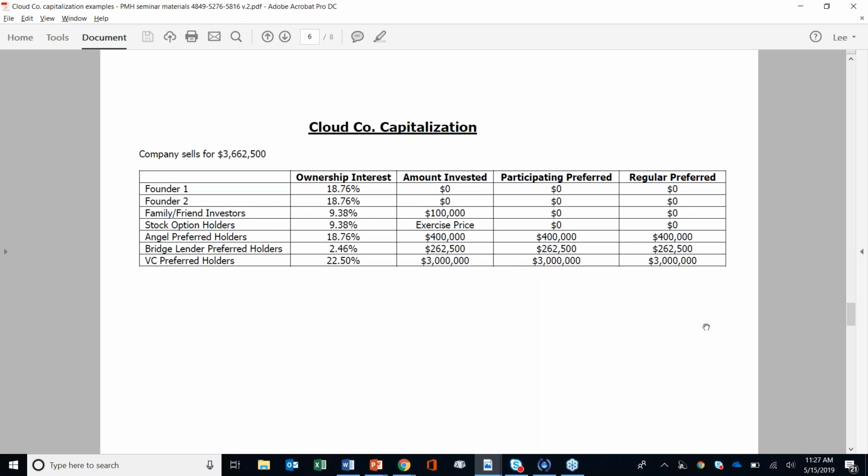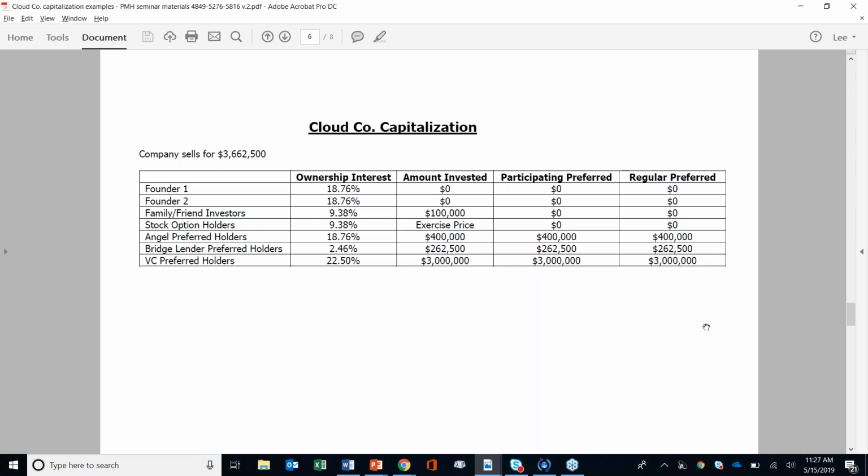And so you can see, in this scenario, the ownership percentages show the final ownership percentages after we'd raised all the money of everyone. And the amount invested shows what everybody has invested in the company. Stock option holders, I've said exercise price. For purposes of this exercise here, we're assuming that all the options, all 500,000, were actually issued. They typically have an exercise price.